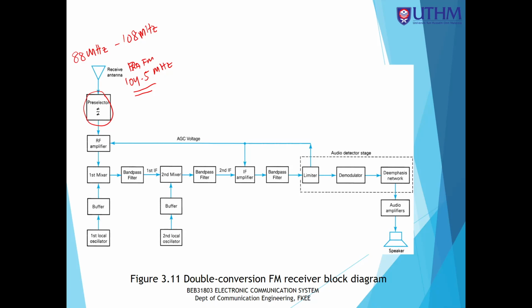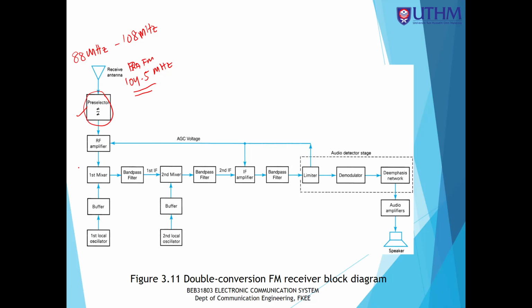When I tune my radio, I'm actually tuning the preselector so that the center frequency would be at 104.5. The preselector will limit the accepted bandwidth. It will select a small portion of bandwidth and let it go through the next process.